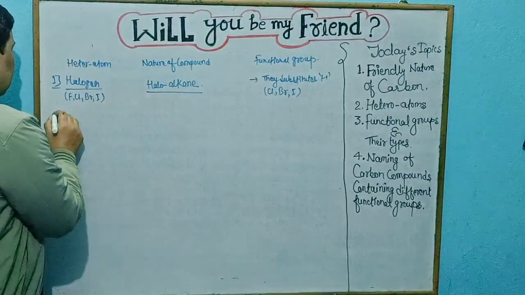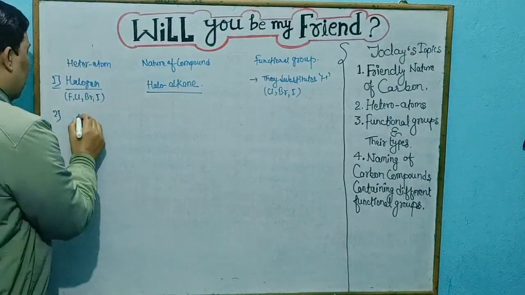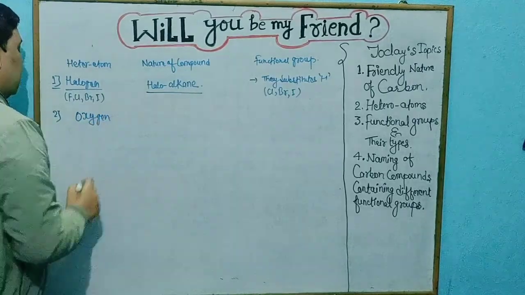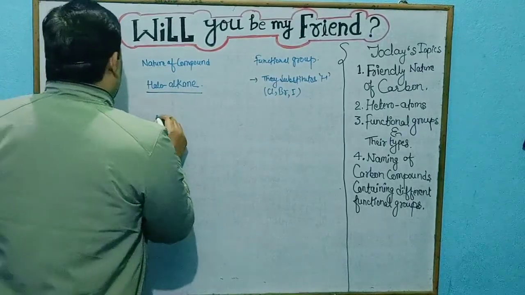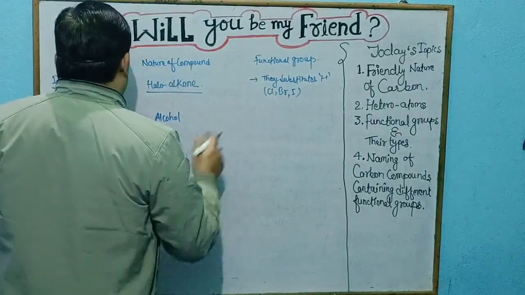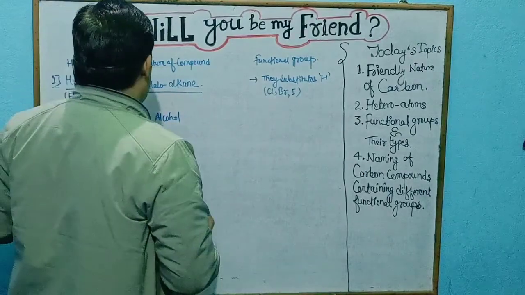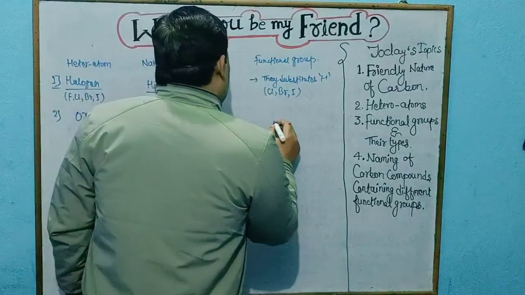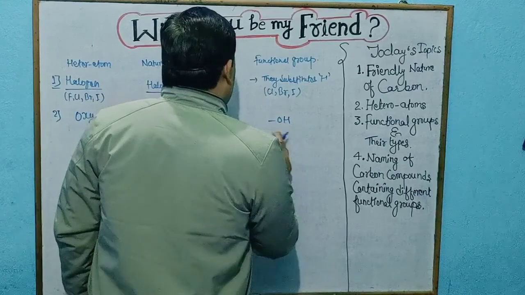Now the second is, the heteroatom is oxygen and the group is alcohol. It has wide uses in our day-to-day life, and the functional group is OH.